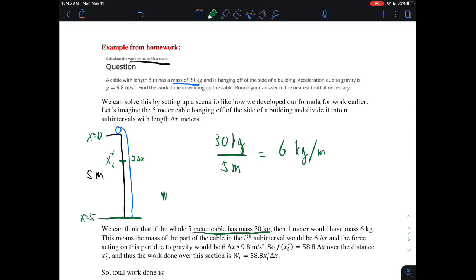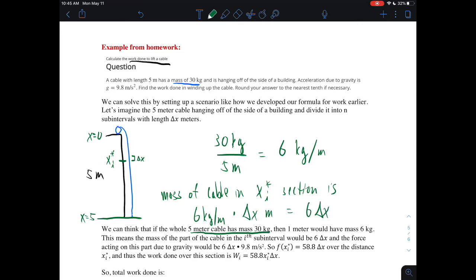So the mass of the cable in the x sub i star section is 6 kilograms per meter times the length of that one section, which is delta x meters, but of course that's just 6 delta x kilograms. That's the mass of that part.